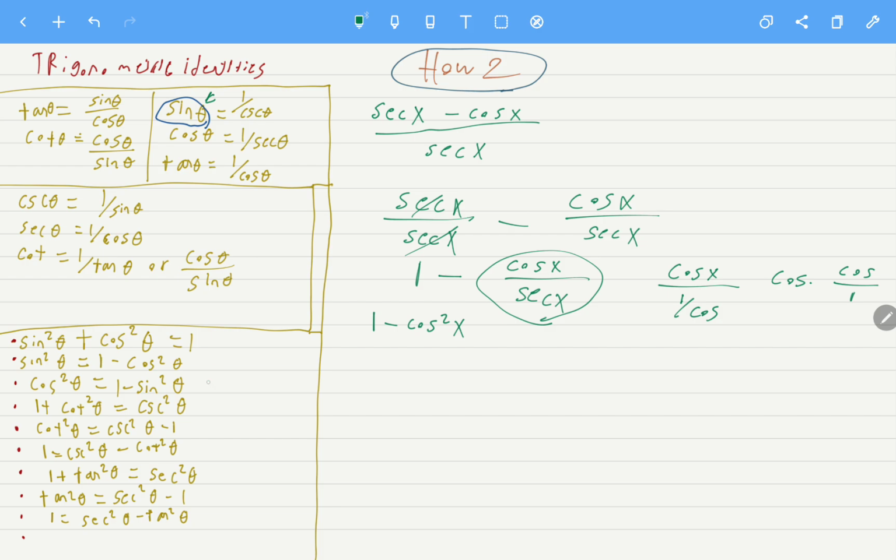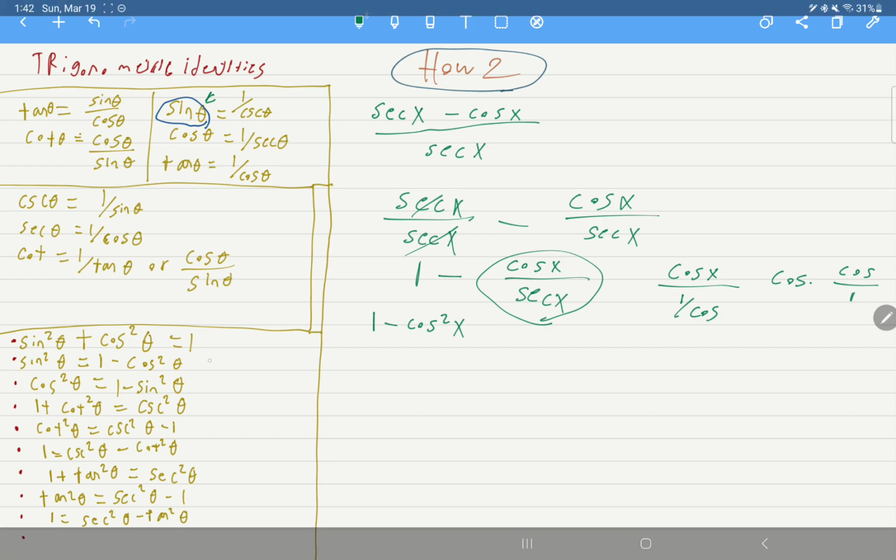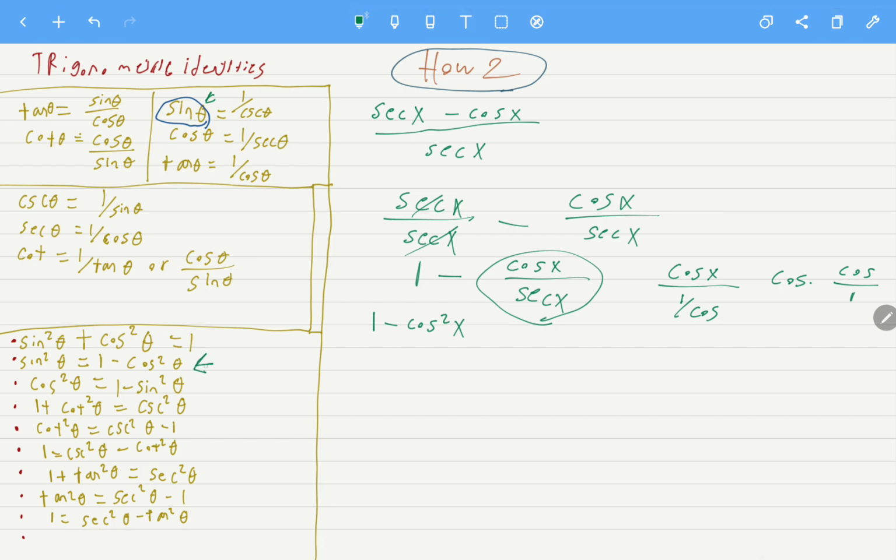And when it's 1 minus cosine squared x, we look over here. What is 1 minus cosine squared x? It is this thing over here, which is sine squared theta. That is our answer: sine squared theta.